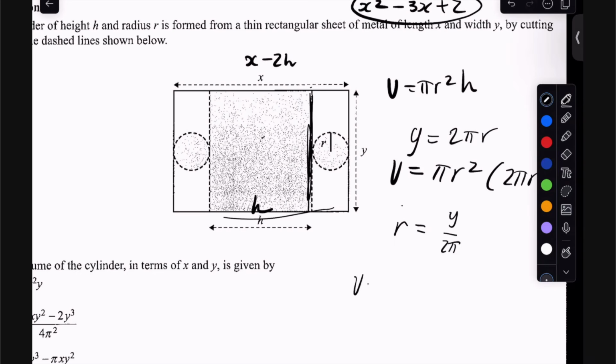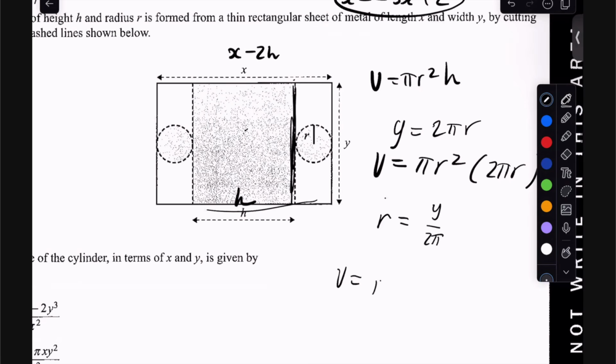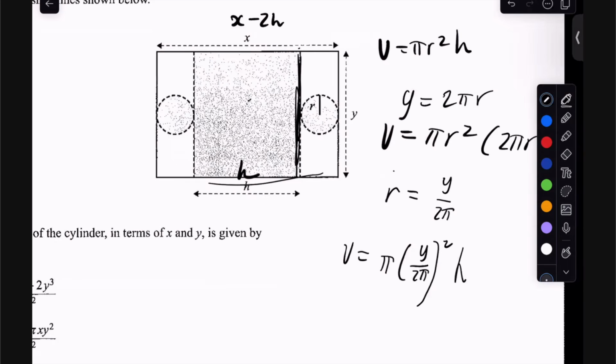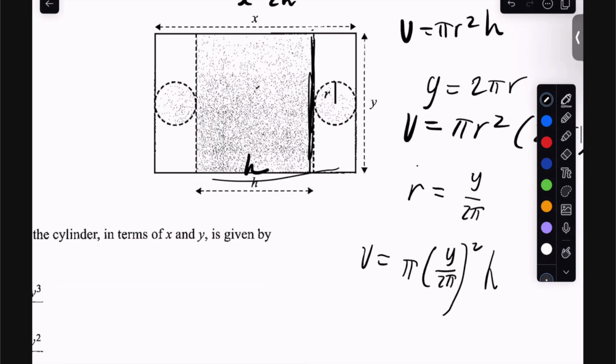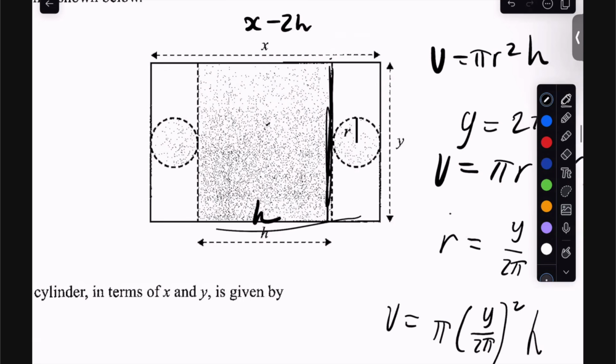So v is equal to pi times y over 2 pi squared. So that's r. And then h, we just need to figure out h in terms of x or y. Okay, so this is just diameters.